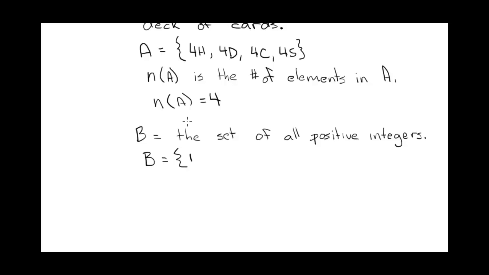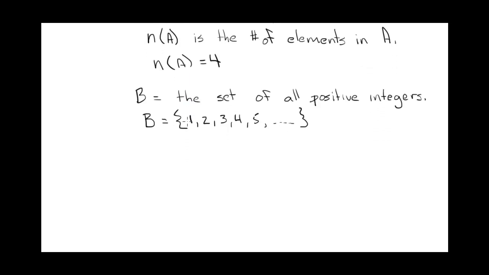The first positive integer would be 1, 2, 3. Now here's a problem. This is what we call an infinite set because there's infinitely many members. You could keep going on, 6, 7, 8, 9, 10, and there's nowhere where you'd stop. So we could indicate that by putting dot, dot, dot to indicate this list keeps going on forever. And if you wanted to write n of B, well, you couldn't really because it's not a finite number. It's an infinite number of elements. So there's another example.